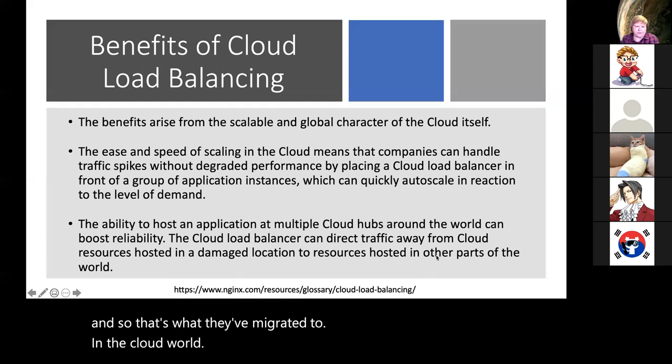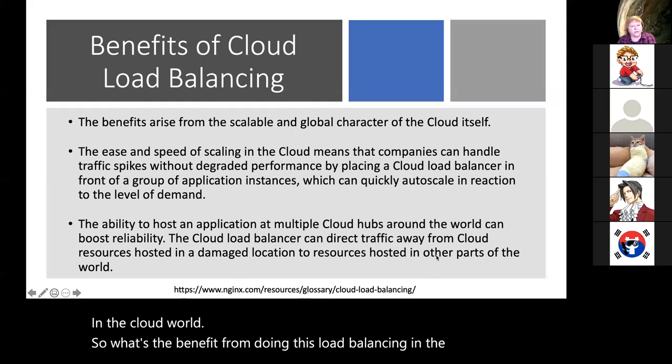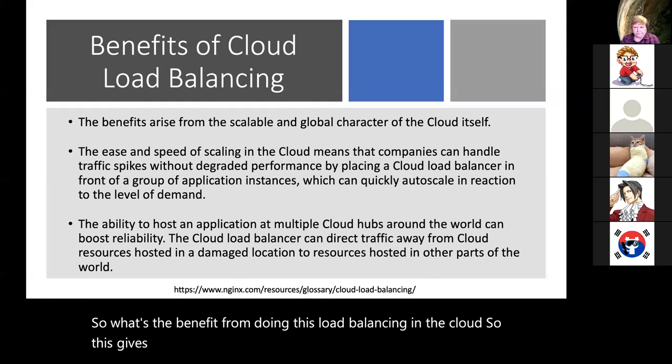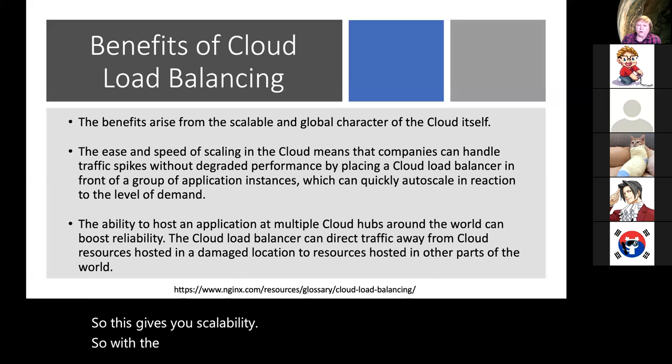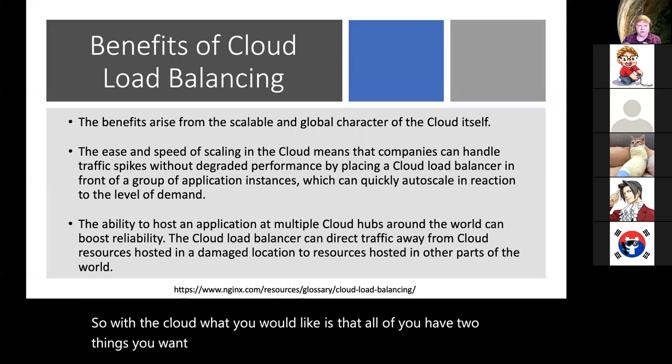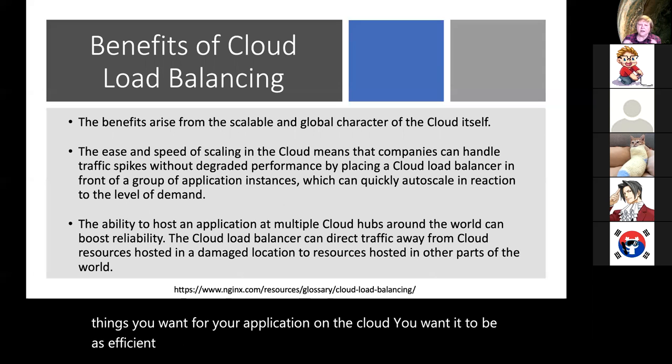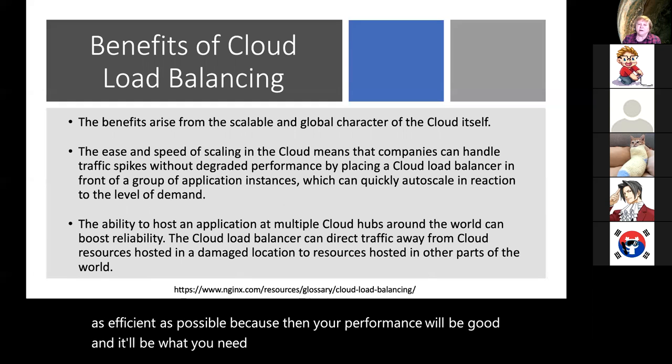So what's the benefit from doing this load balancing in the cloud? So this gives you scalability. With the cloud, what you would like is two things. You want, for your application on the cloud, to be as efficient as possible, because then your performance will be good and it'll be what you need, and the cost will be as little as possible for you.